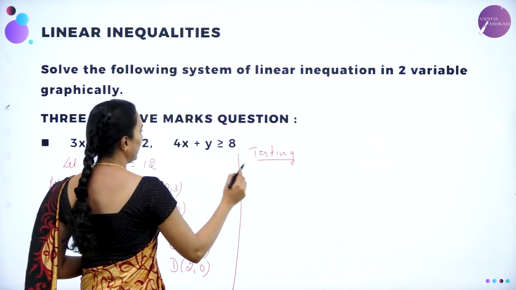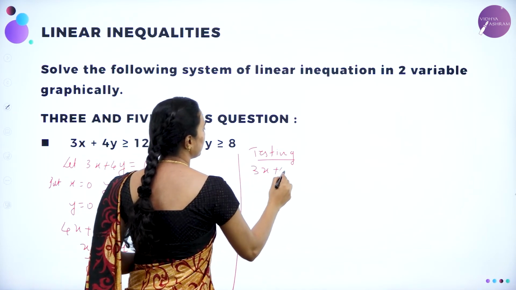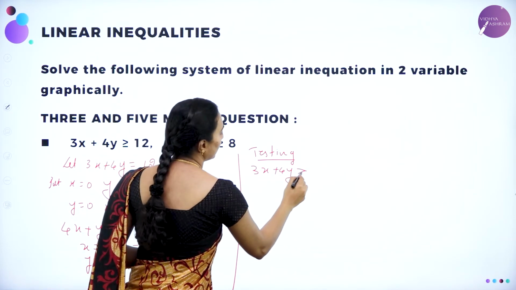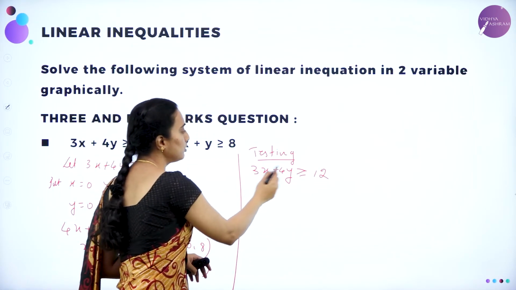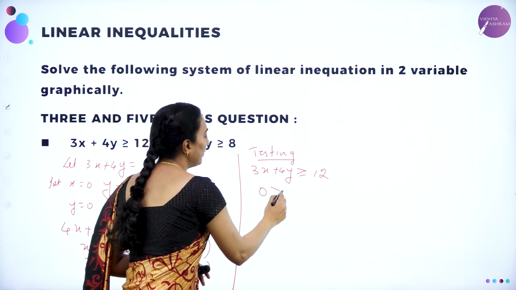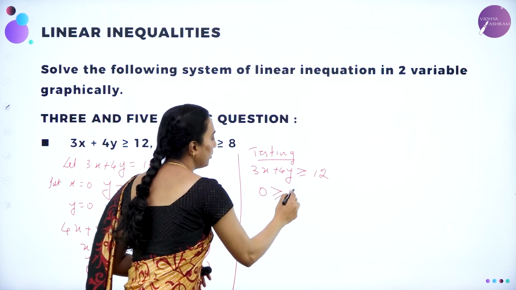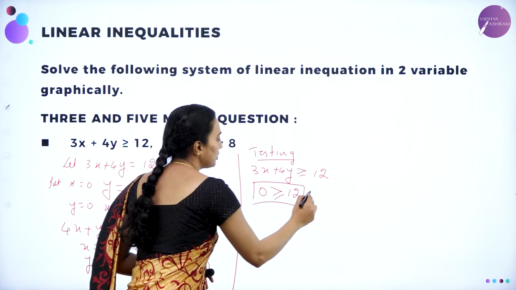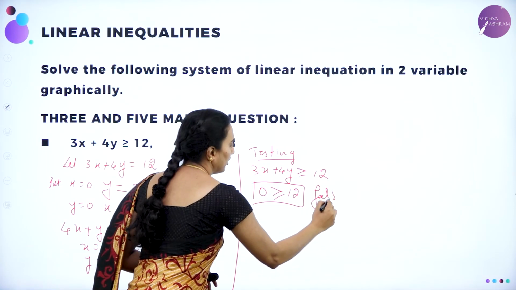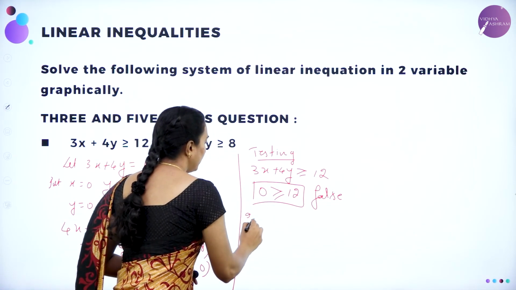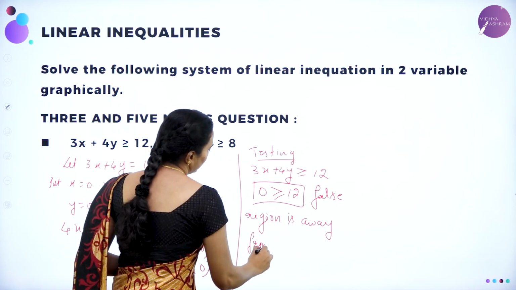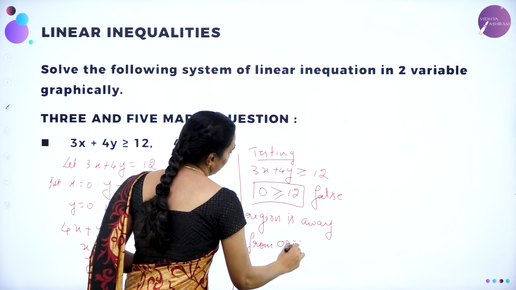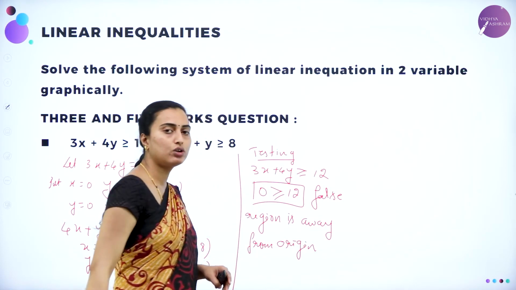Now, take the inequality whatever they have given, 3x plus 4y is greater than or equal to 12. Now, put x equal to 0, y equal to 0. 0 plus 0, 0 is never greater than 12 or equal to 12, which is a false condition. So, therefore, the region will be away from the origin, which is false means away from the origin. Correct? True means towards the origin.